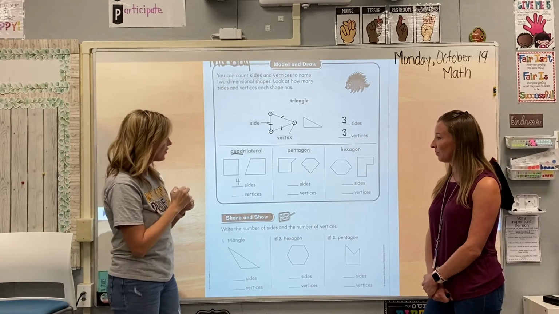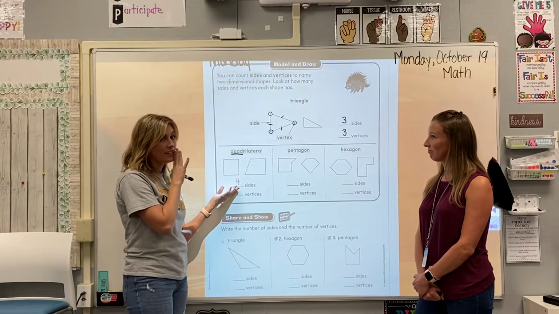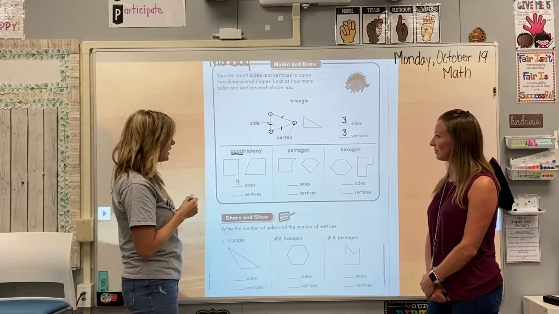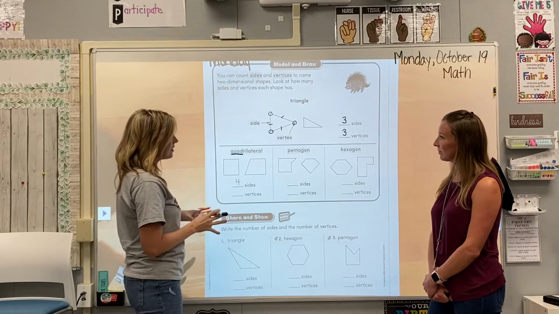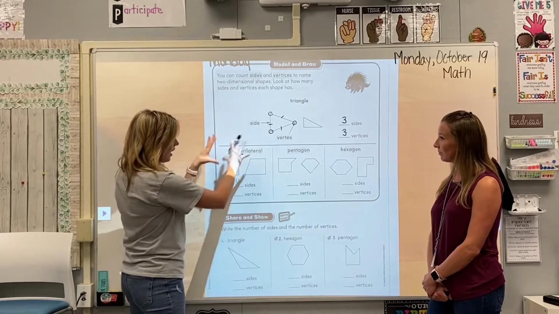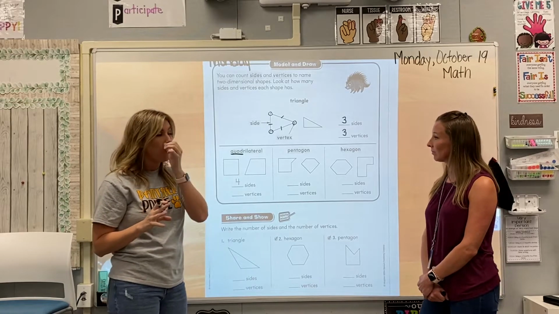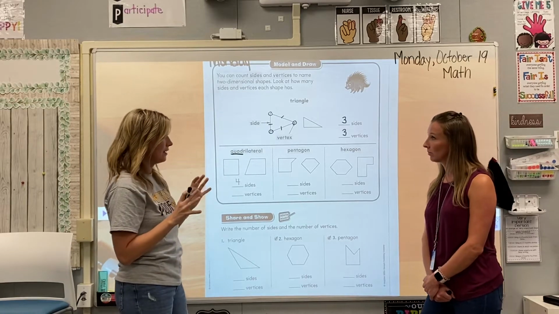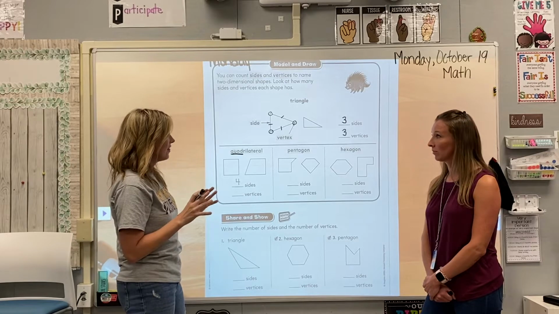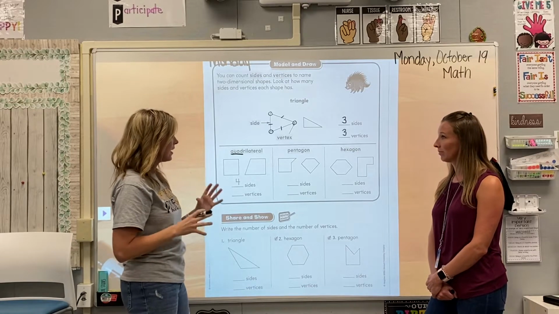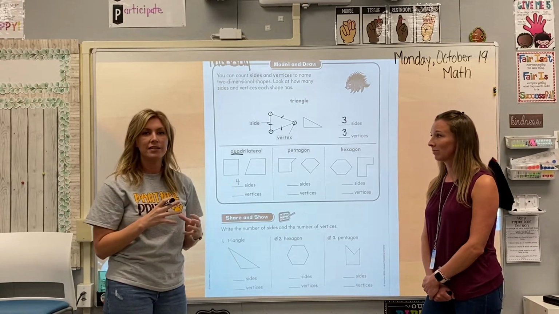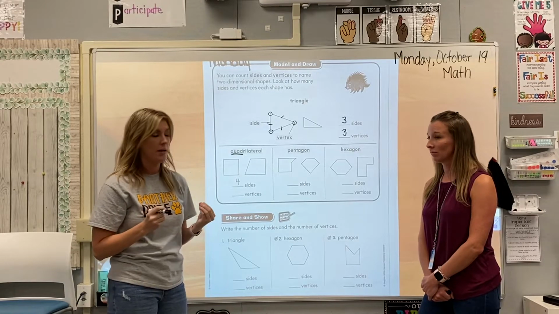All right. The first thing we're going to do, which they've kind of already done for us, is count the sides. And I see that there are 2 shapes underneath quadrilateral. And that's really important, you guys. One of the key things of this lesson is to realize that just because it has a certain amount of sides doesn't mean it always has to look the same.